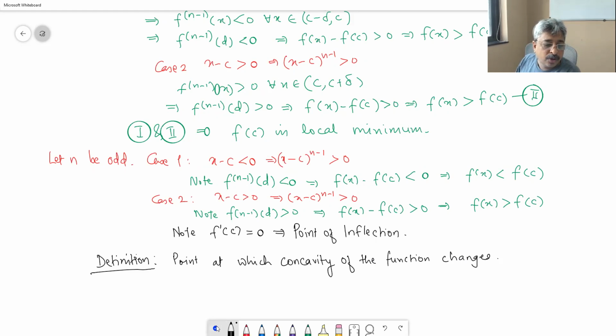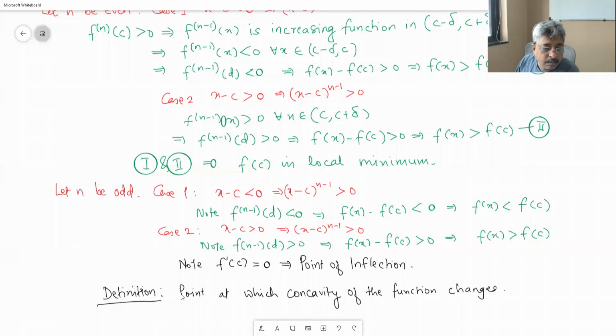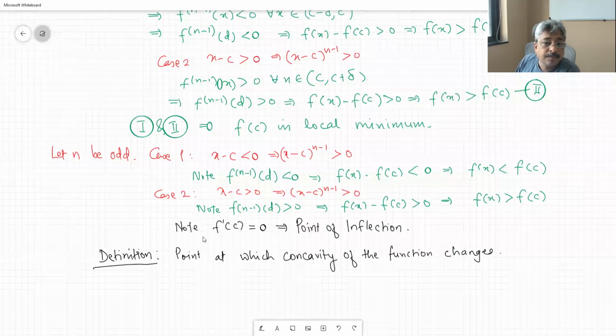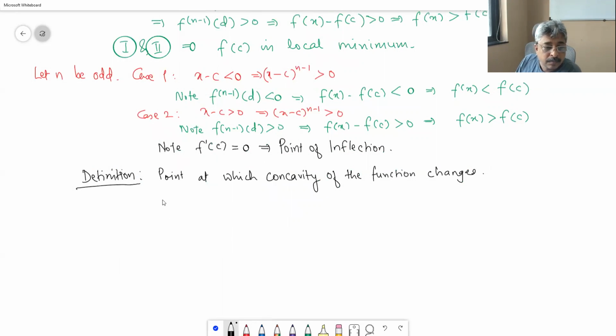Okay, so geometrically, say for example y is equal to x cube. If we call this concave down or convex down, and this convex up, then at 0 it is a point of inflection.